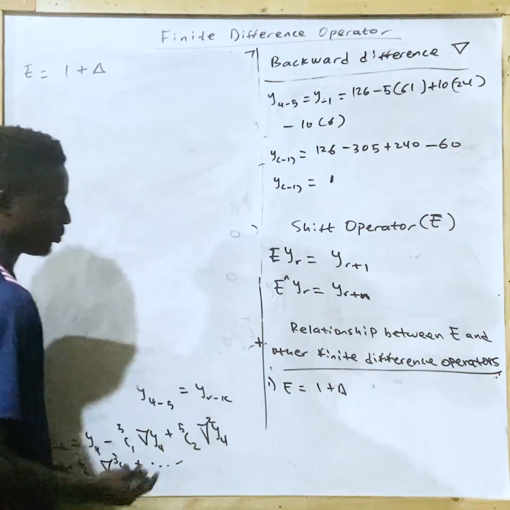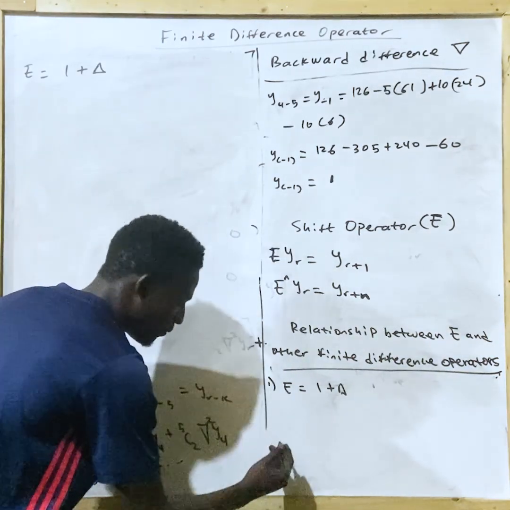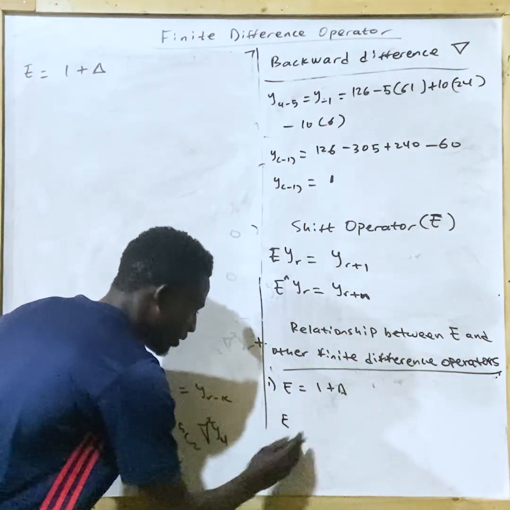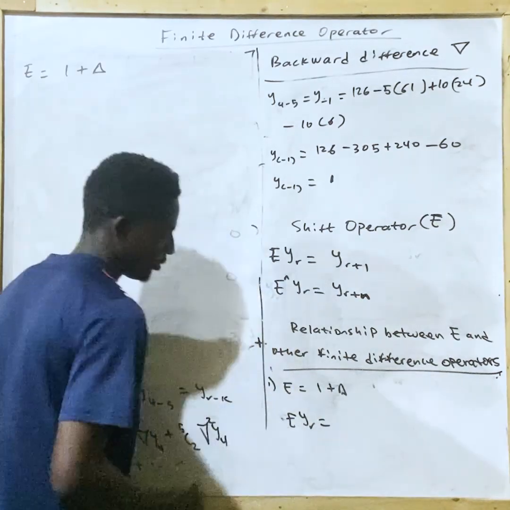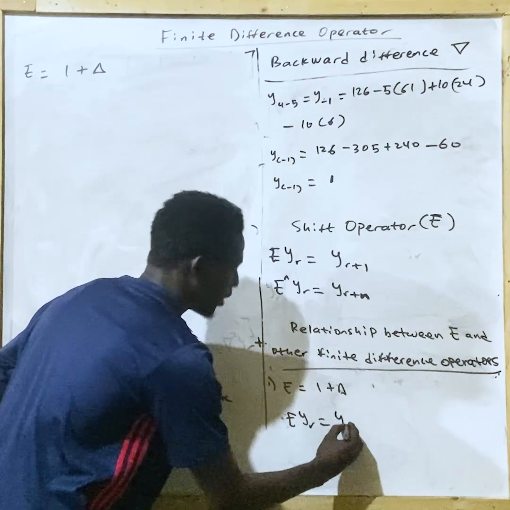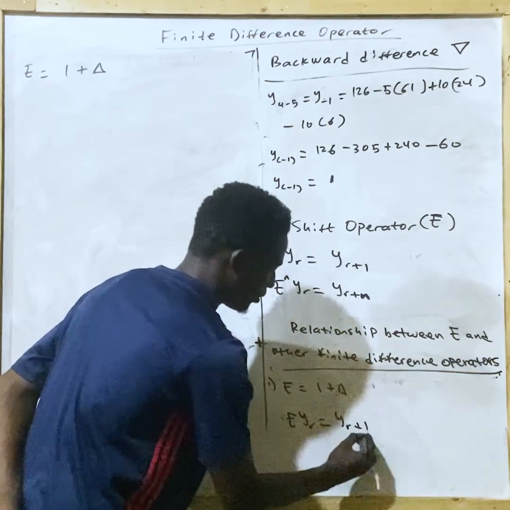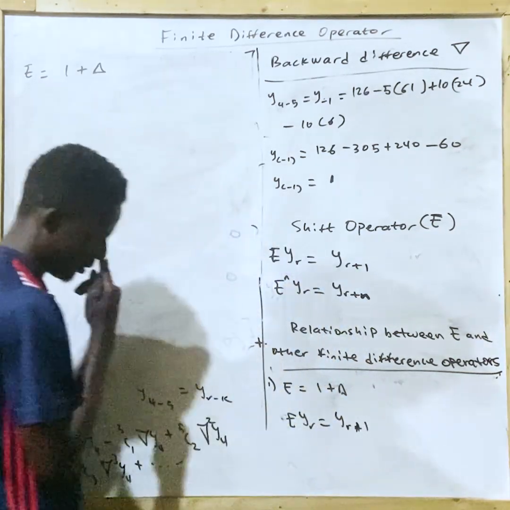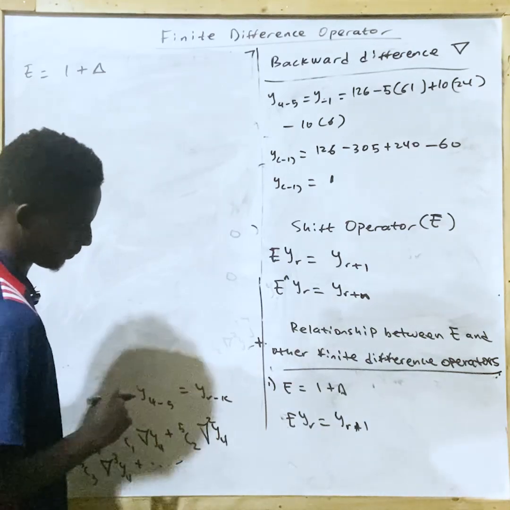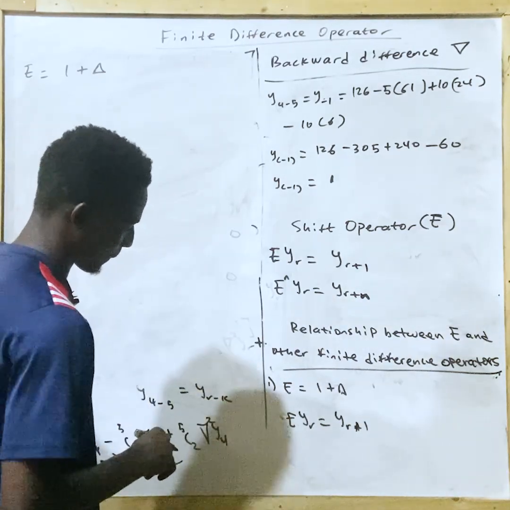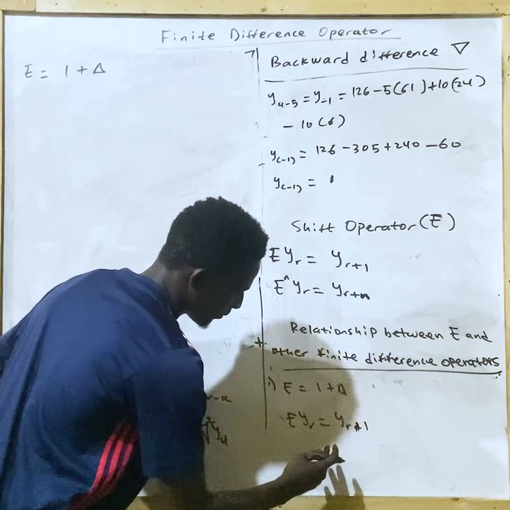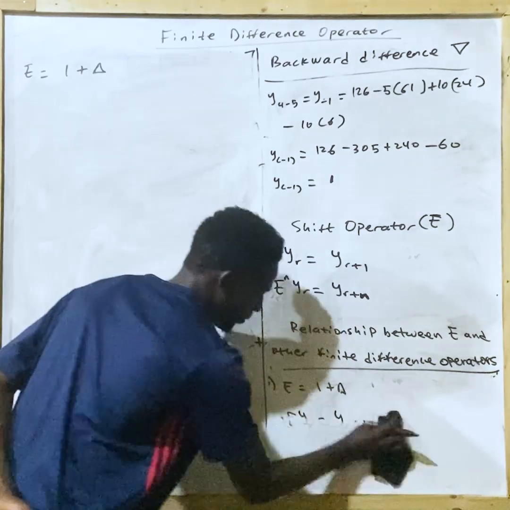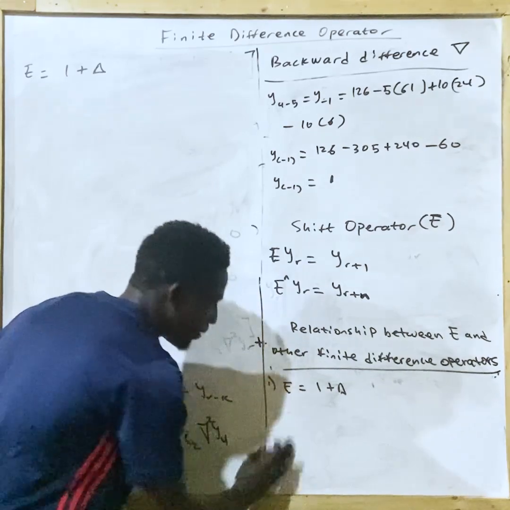So how is this true? If my E of yr equals yr plus 1, let me go back and use my forward difference operator.